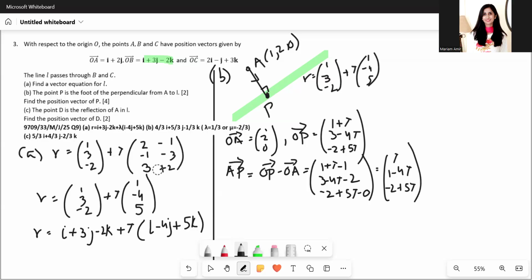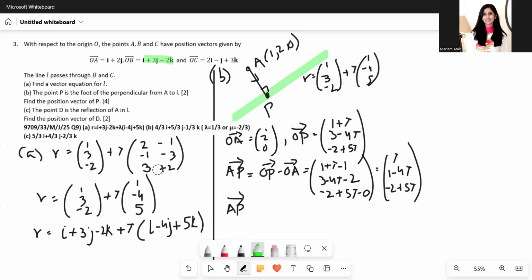The next thing you do is equate the dot product between this vector AP and this vector 1, minus 4, 5 to 0, because these two lines are perpendicular, so their dot product must be equal to 0. So the dot product of AP and 1, minus 4, 5 should be equal to 0.